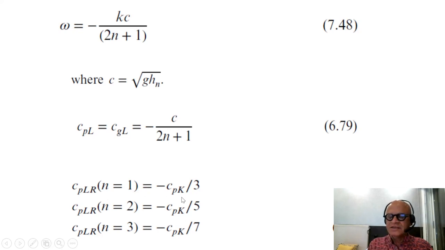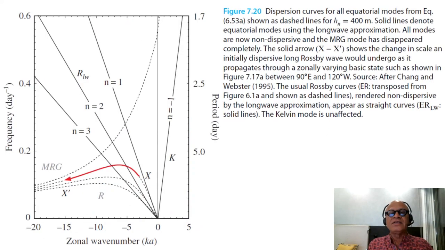And we had said long Rossby waves can be approximated as non-dispersive, and hence this relation with Kelvin wave is expected, right? What does that mean in this context of what we're talking about in terms of accumulation and impact of the background flow basic state, zonally varying basic state?